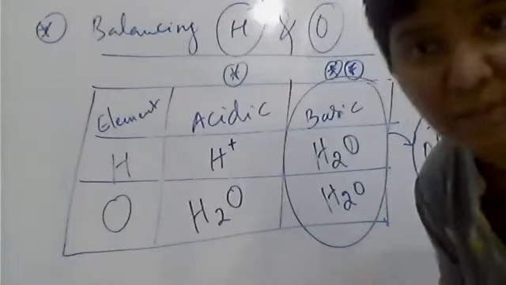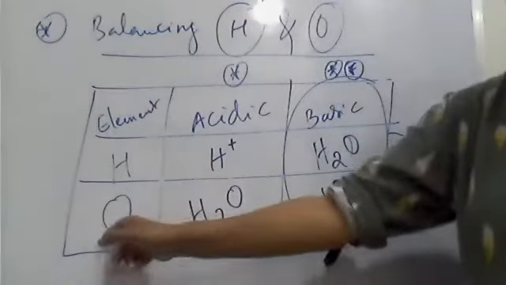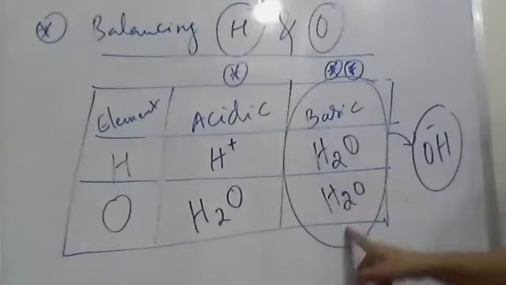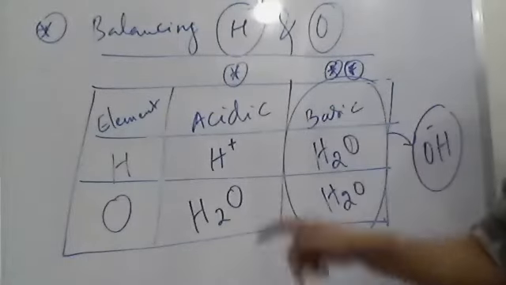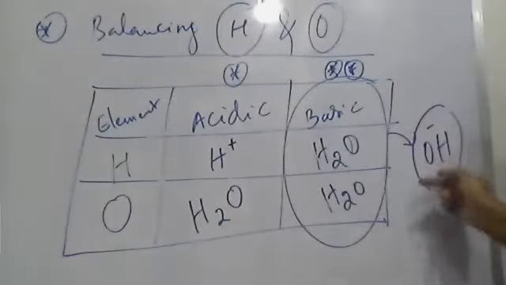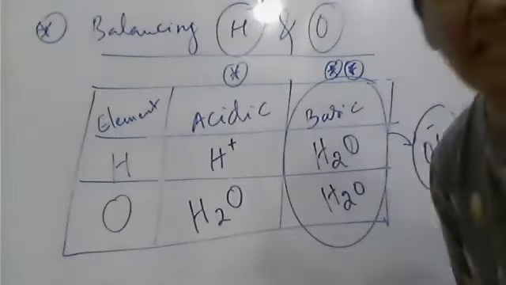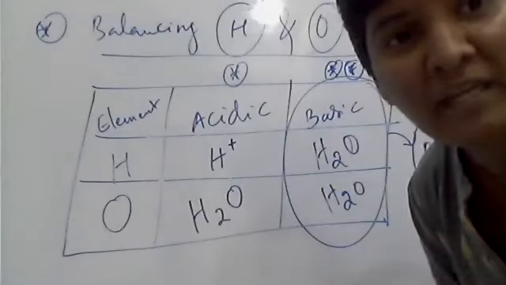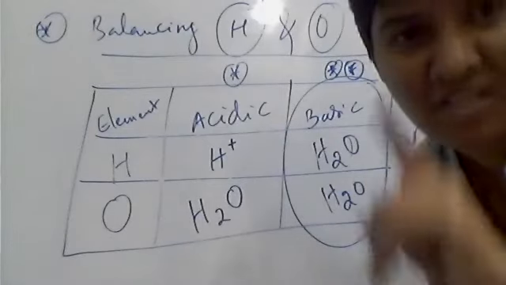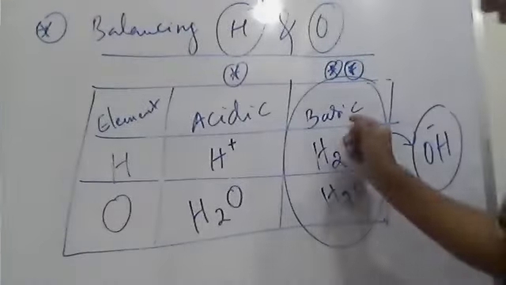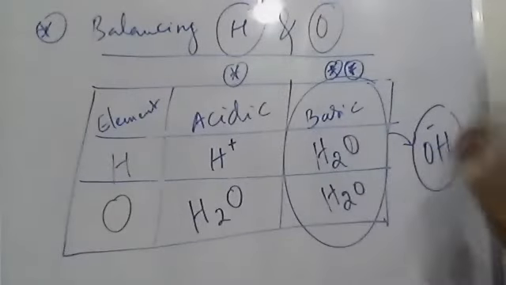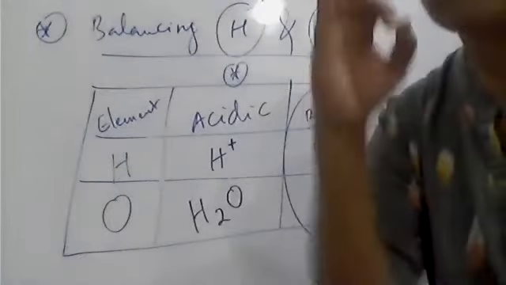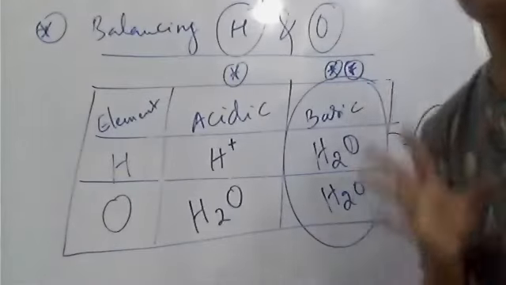But in the first step, to balance hydrogens and oxygens, you add H2O in basic medium. Then after that, to balance further, you add OH minus. Only 1 or 2 reactions can be balanced by directly adding OH minus, but that is wrong. First add H2O, then only add OH minus. This is the right way and you will get a 100% correct balanced equation.